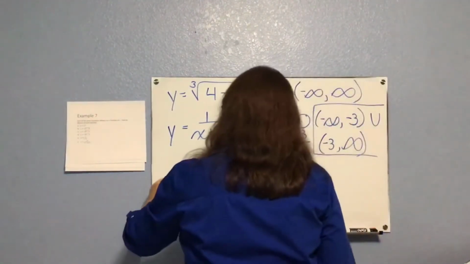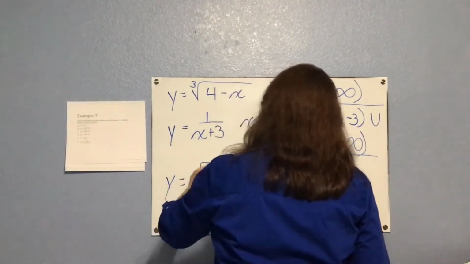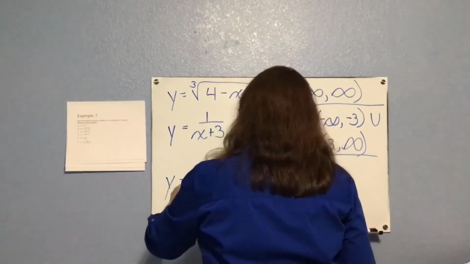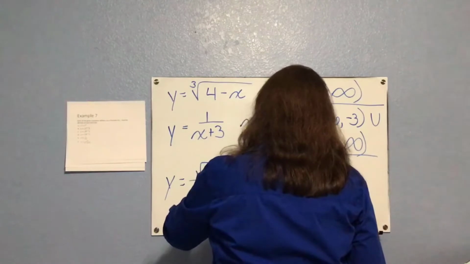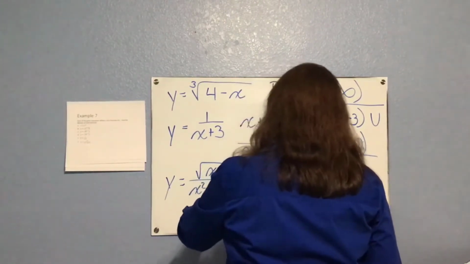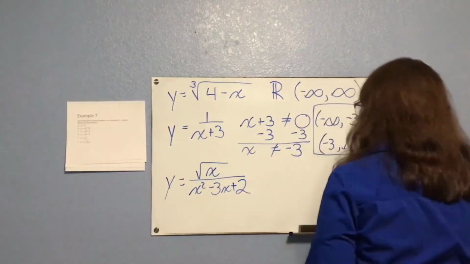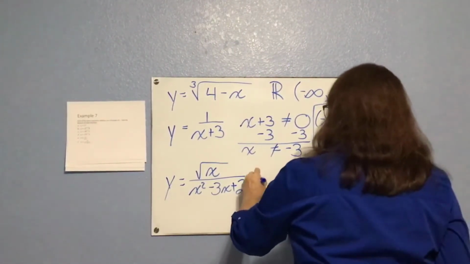Okay, let's look at another one. This one's got a combination of things. I've got a square root in the numerator and a quadratic function in the denominator that I could factor. So let's do that.